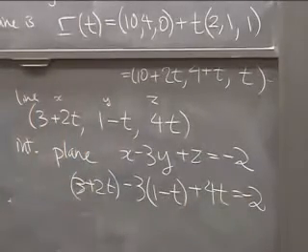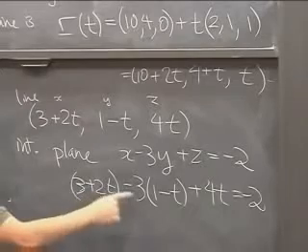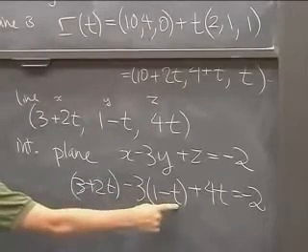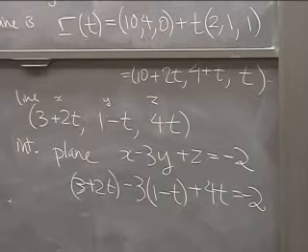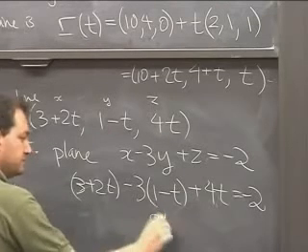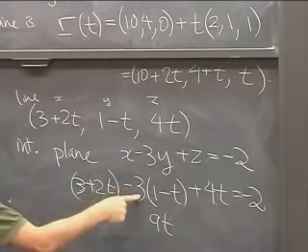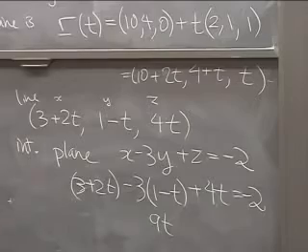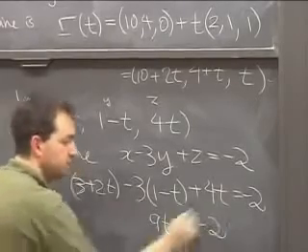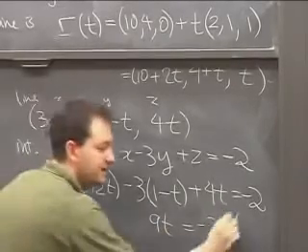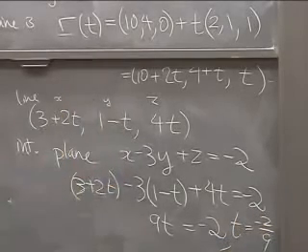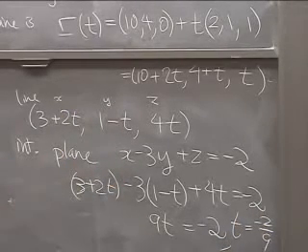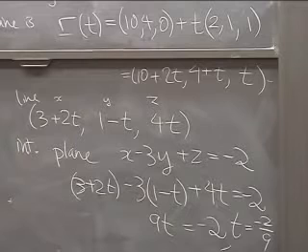All right, so what do you get? You get 3 plus 2t, minus 3, plus 3t, plus 4t. So I think we have 9t, and we have 3 minus 3, which just cancels. So 9t is minus 2, i.e. t is negative 2/9. So we now know the value of the parameter. But we want the point, so let's plug it back into the line.